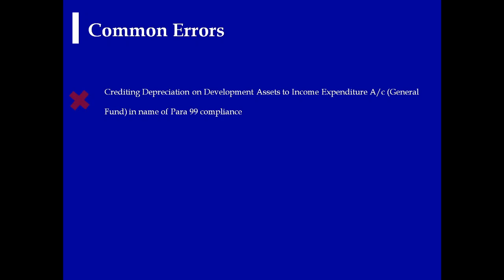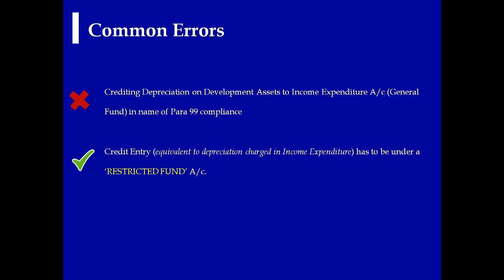So the biggest problem in this credit entry in the income expenditure is that they're not reading the para 99 in entirety. Para 99 clearly says that the credit entry has to be made under a restricted fund account.